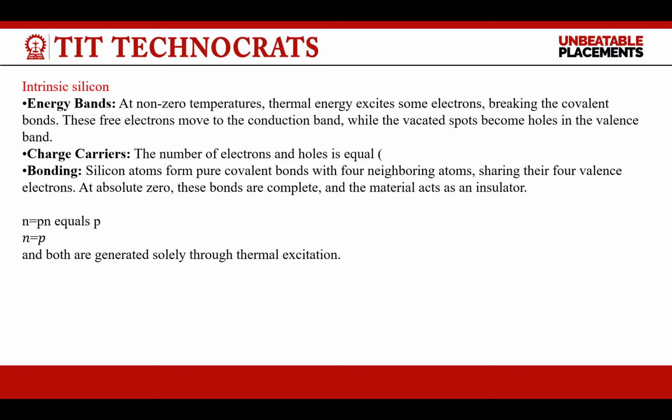At absolute zero, the bonds are complete and the material acts as an insulator. We can express this in mathematical form, which is defined as the mass action law, in which ni squared equals the product of the charge carriers, n times p.